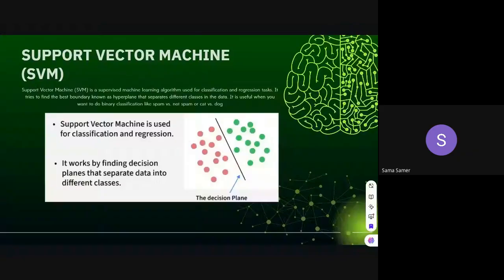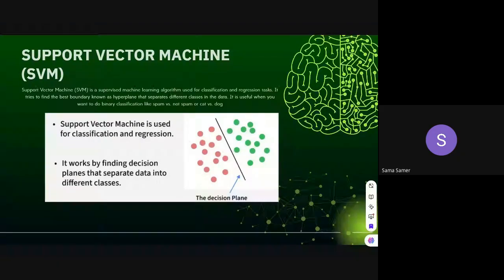We cannot maximize the margin here because we have a point that supports this margin or this line. The same applies for the wx plus b smaller than 0 line. What is the margin? The margin is the distance between the hyperplane and the support vector. And our aim, again, is to maximize this margin as much as possible.